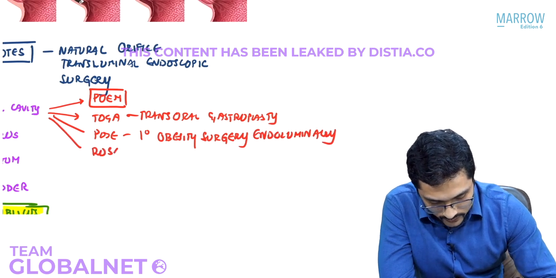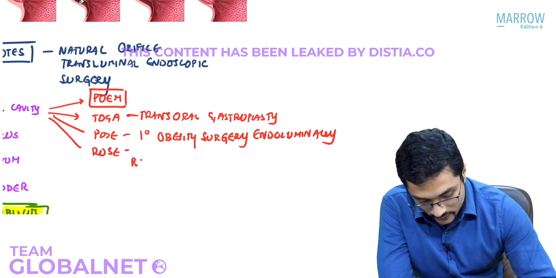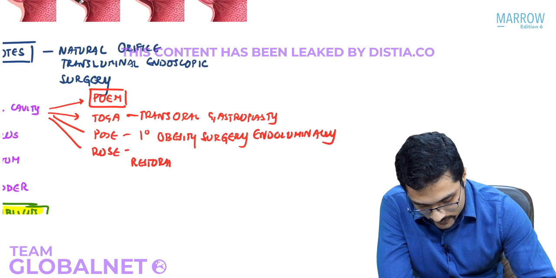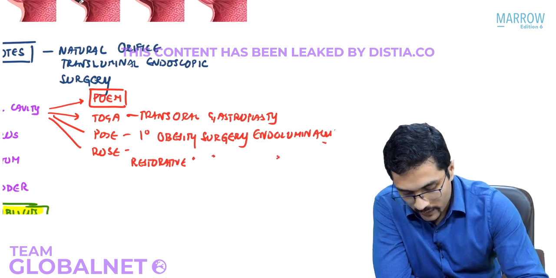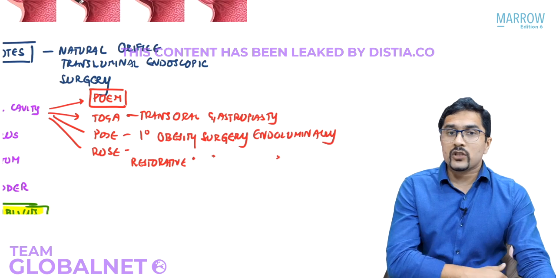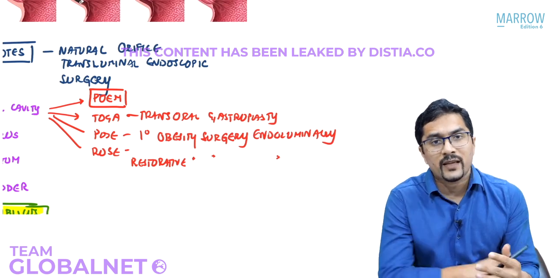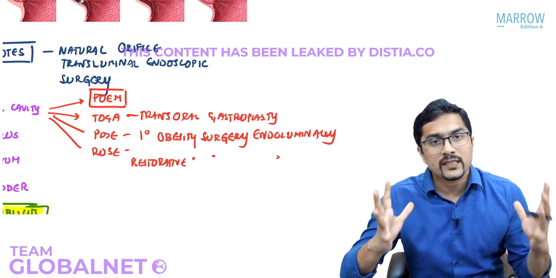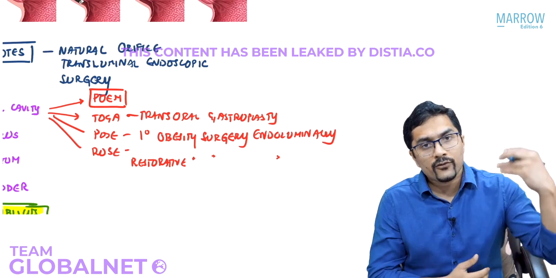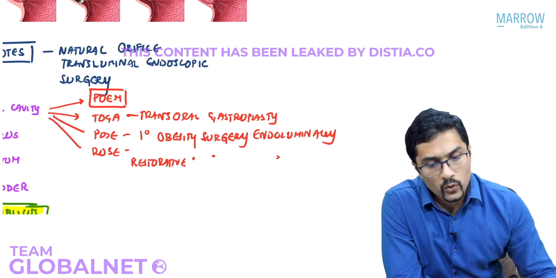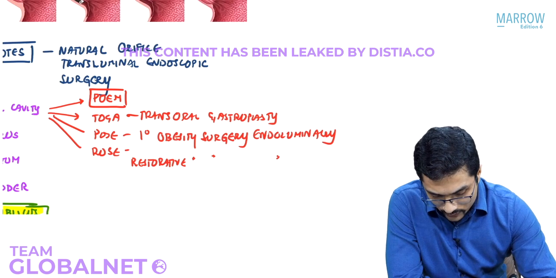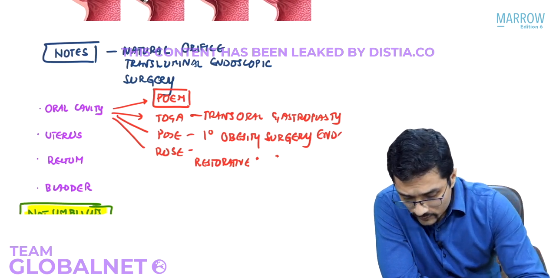ROSE also we've discussed. ROSE is restorative obesity surgery, endoluminally. This is done in those patients where you've done a sleeve gastrectomy and the gastric remnant distends again after a few years, then you can do ROSE. So all these through the oral cavity I've already discussed with you.